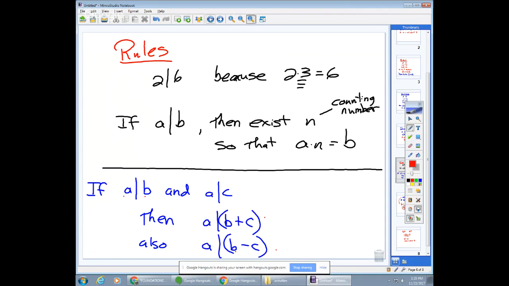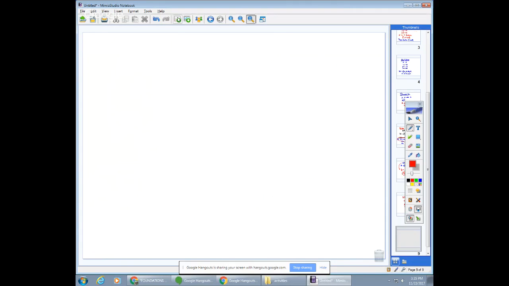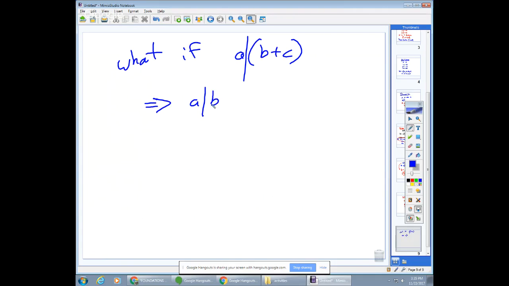So could I switch, say, these statements right here and still be okay? So what if some number A divides B plus C. Suppose that's the fact I start with. Will that mean that A will divide B and A will divide C?